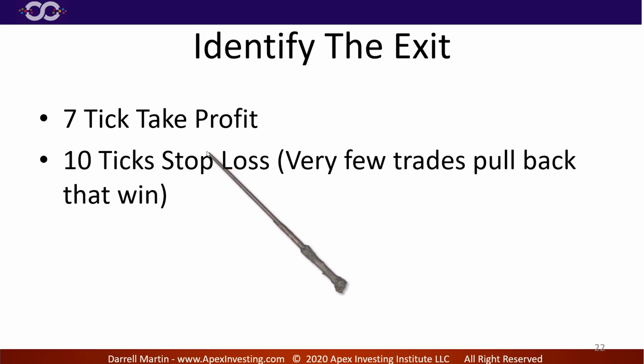Okay? Your stop is 10 ticks. 10 tick stop loss. Now, this is a little bit different than what y'all are used to, right? You're used to a much larger stop loss. So we just use a 10 tick stop loss on this.